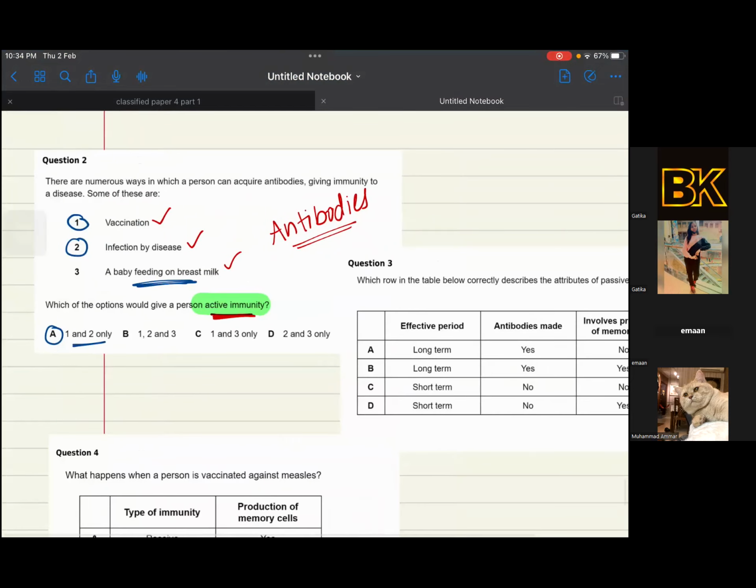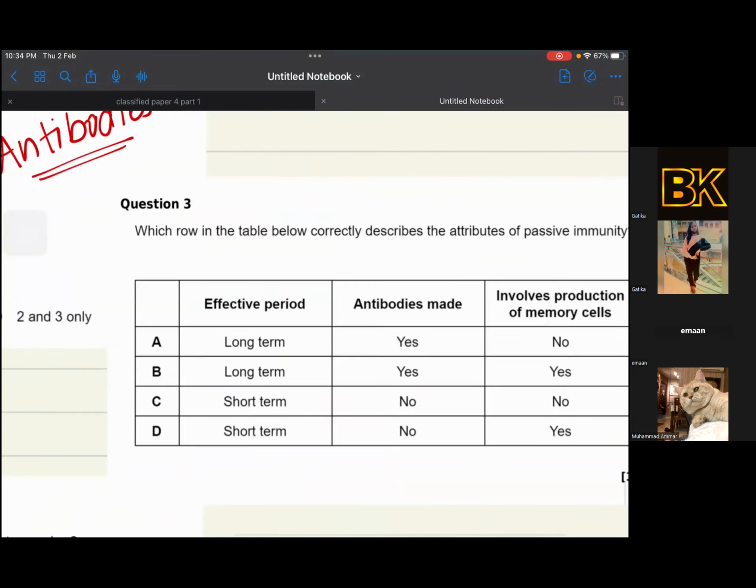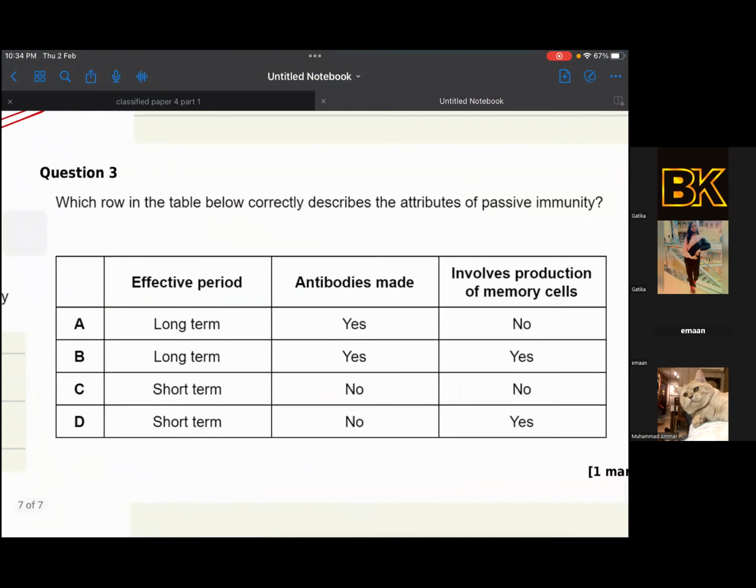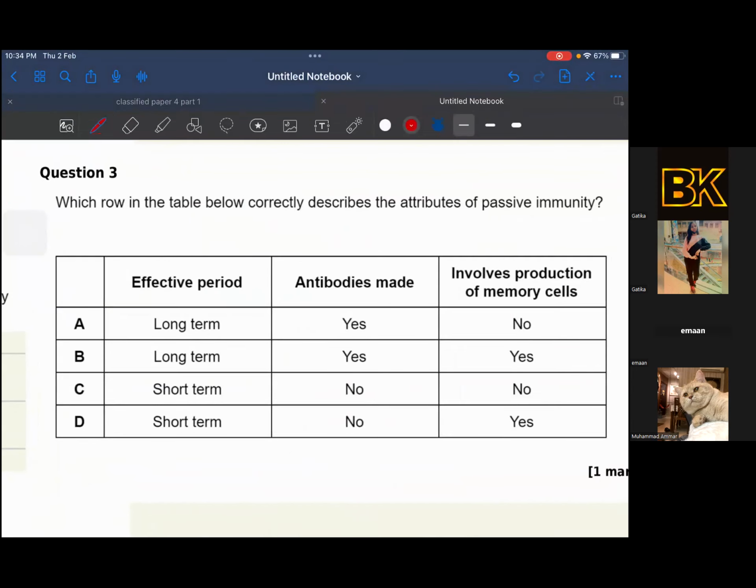Yeah. Okay. Now, this question. Which row in the table below correctly describes the attributes of passive immunity? See, read the question carefully. They have asked for passive immunity. See, when passive immunity, first tell me, passive immunity is long term or short term? Short term.